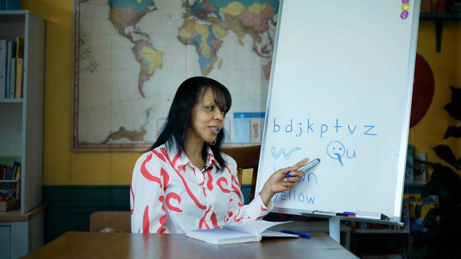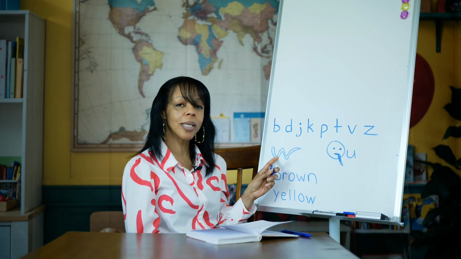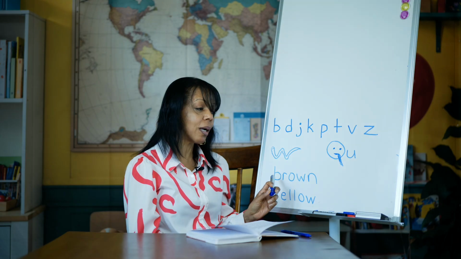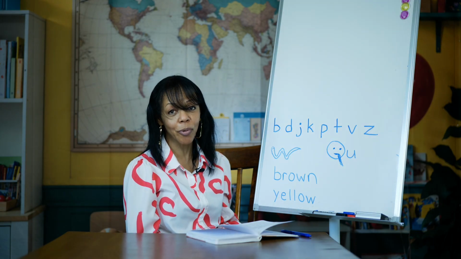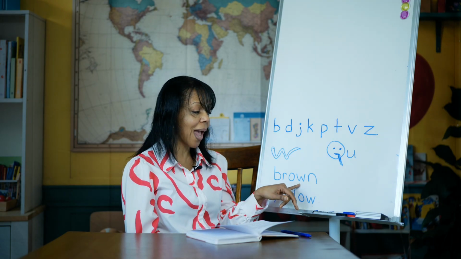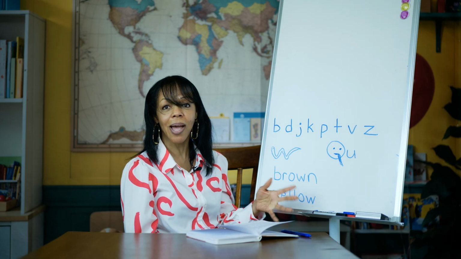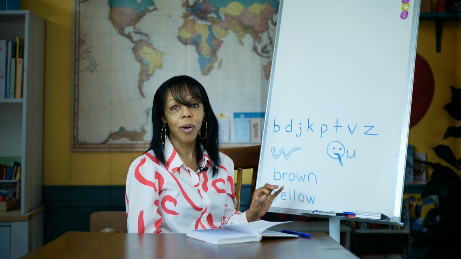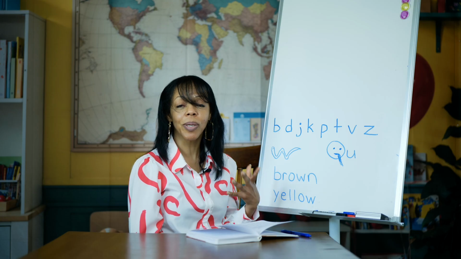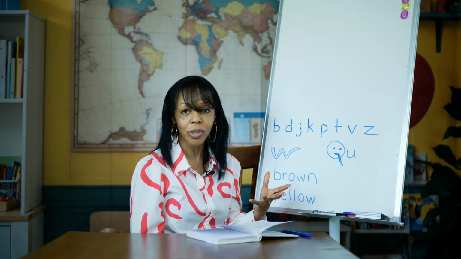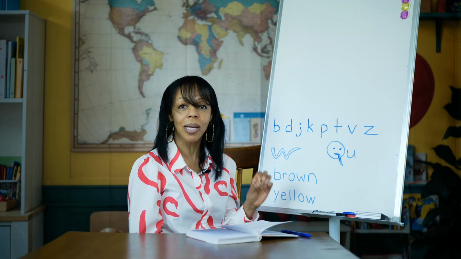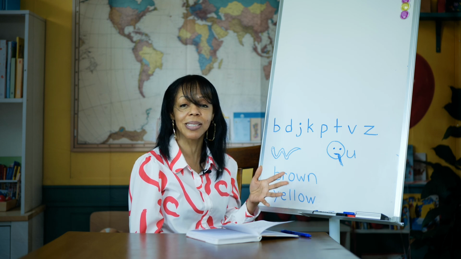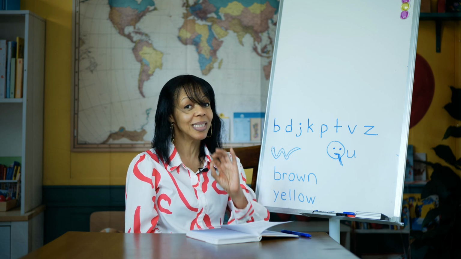And as you're teaching that W says wa, some learners are looking at the color words that are posted around the room, and they see brown and yellow that have the letter W in them. You're going to stop for a minute and remind those scholars, because the goal is to meet all learners' needs, that W is a consonant that says wa in many words, and that's the skill we're practicing today.